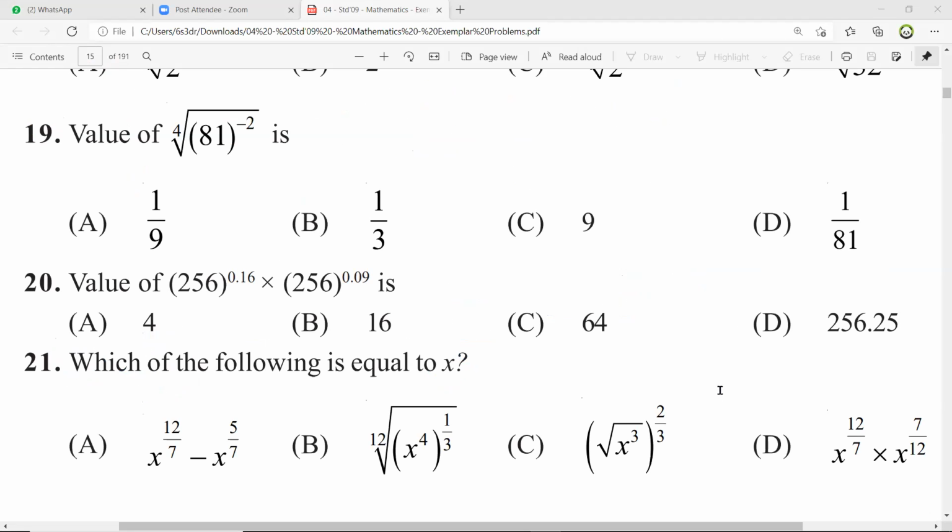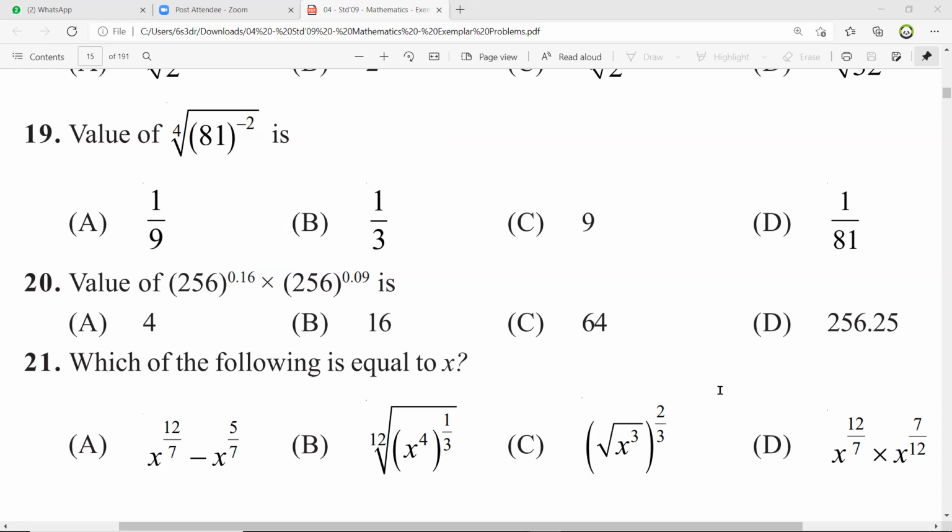Now let's take a look at option B. Is option B equal to x? No, ma'am. What is it equal to?